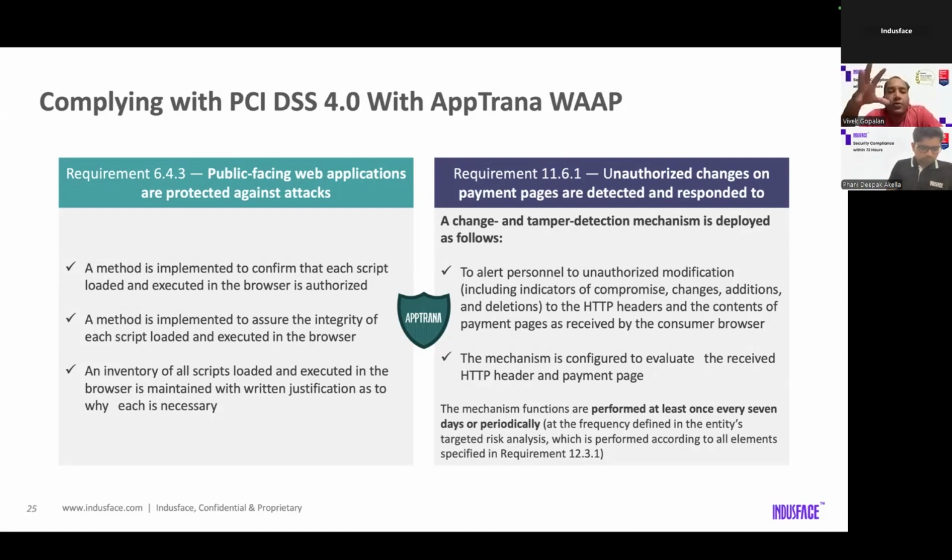And also on the server side, when a request comes from a browser, you are able to check whether the HTTP is tampered or not, and ensure that no tampering is happening. All these things are automatically protected when you avail Aptrana. So we would cover you for the 6.4.3 and 11.6.1 requirements, which are part of PCI DSS 4.0.